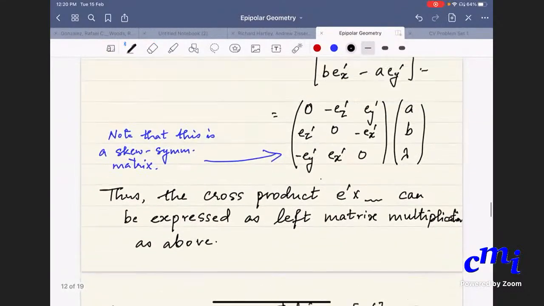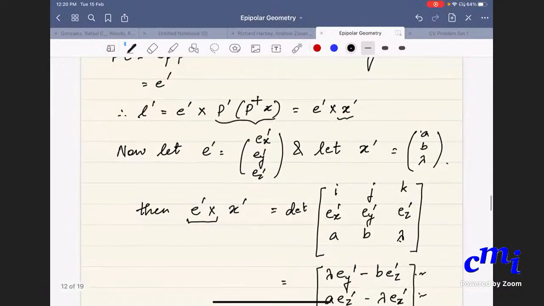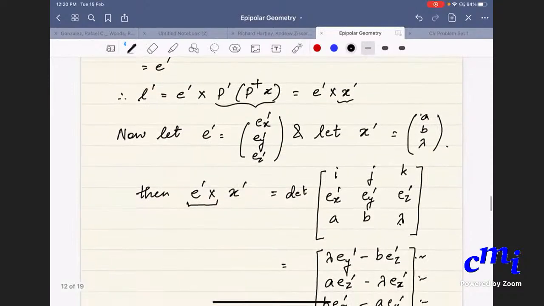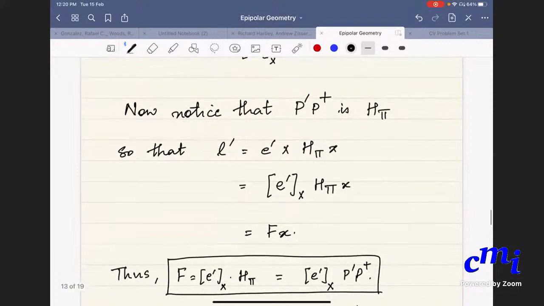Now putting all this together, our L prime, which was E prime cross product X prime, will now be written as E prime cross product H pi X, and E prime cross product in the new notation is E prime cross H pi X. So this matrix E prime cross and this matrix H pi multiplied together give us some matrix, capital F. Thus capital F is E prime cross H pi.